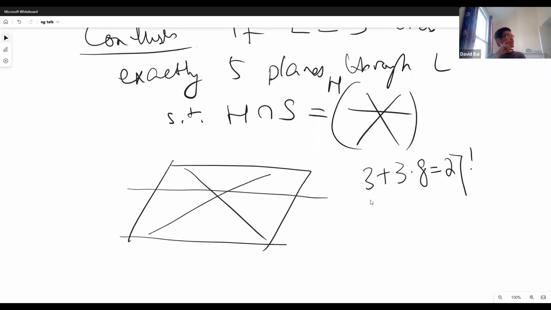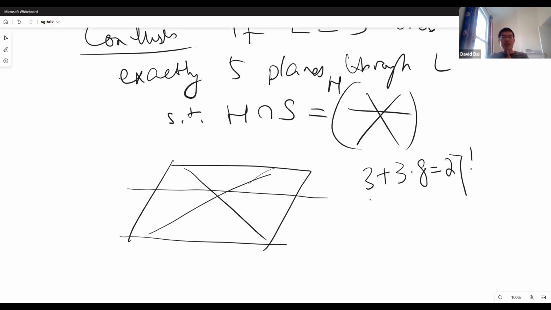We also need to make sure that we didn't double count. What if, when I'm counting lines that share a plane with this line, I double counted it, and I also counted the same line while I was checking lines that share a plane with this one? There is one line, the obvious one sharing a plane with either of those two, which is this line, but we've already discounted this line.